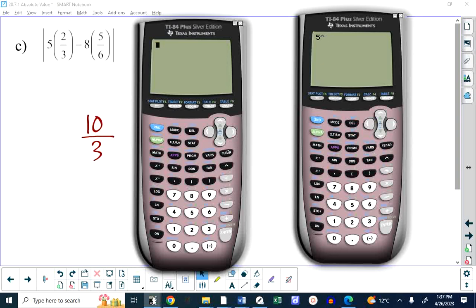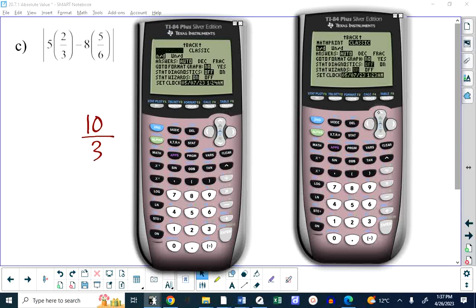So, did you know you can switch back and forth between modes? Or maybe you're just in a particular mode and you never knew. If you go mode on your calculator and you scroll up or down, you just have to scroll down far enough, I think. There's what's called Math Print and there's Classic, and I prefer Classic. Okay?